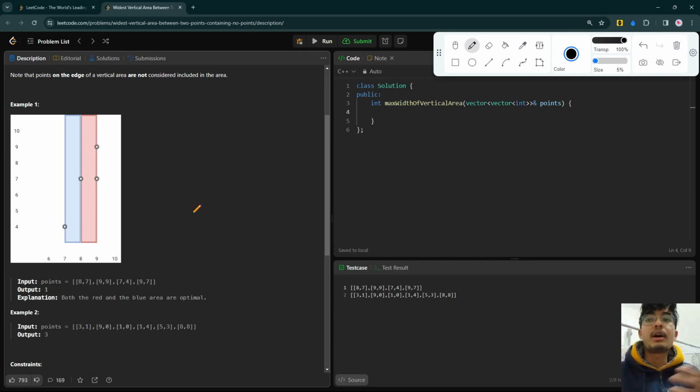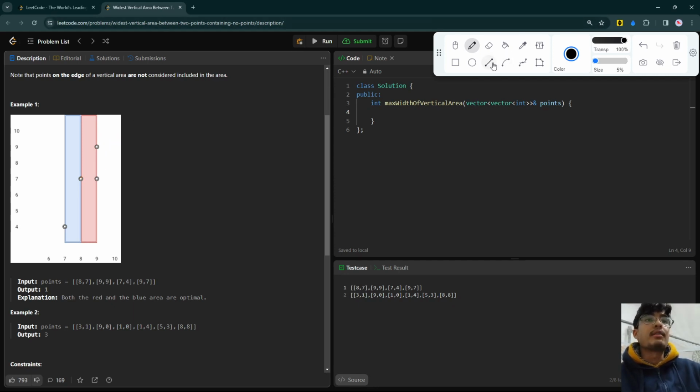What I can do is simply sort these points according to the x coordinate. So these points will be arranged like this. I will go to this point, then this point, then this point, then this point.